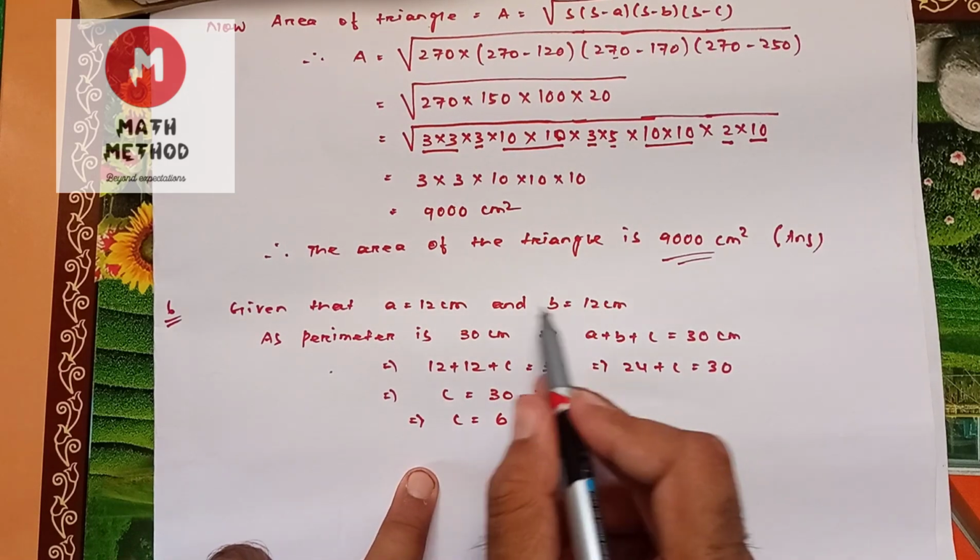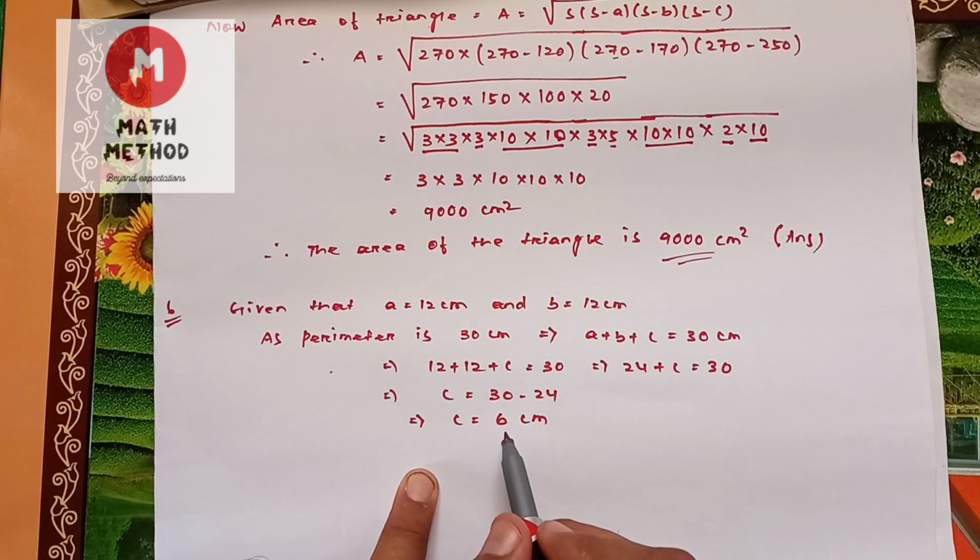Here A is equal to 12, B is equal to 12 and C is equal to 6 cm.